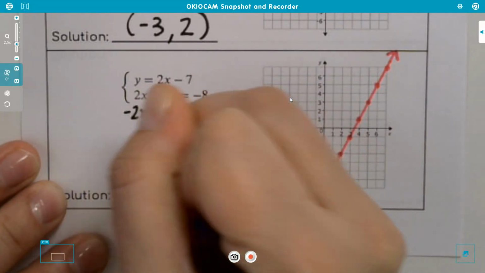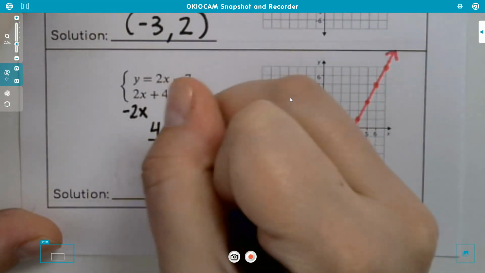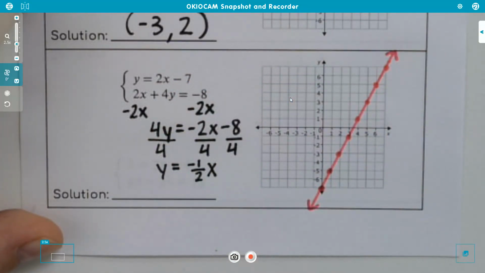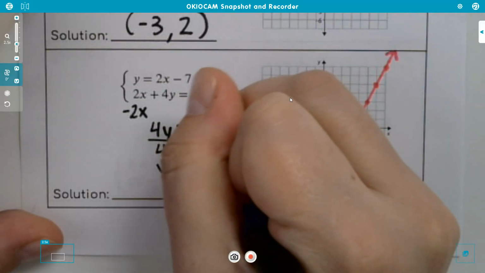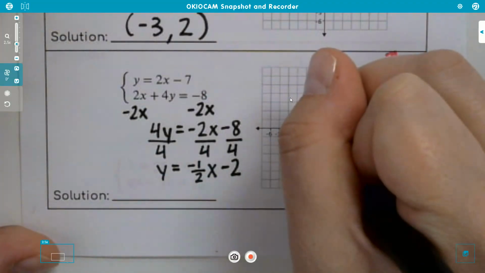I'll get y equals negative 2 over 4, which is negative 1/2 x, and then negative 8 divided by 4 will be negative 2. So I'll start graphing that one at a y-intercept of negative 2.